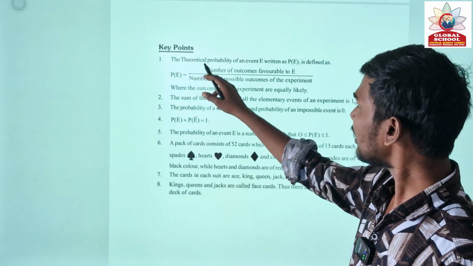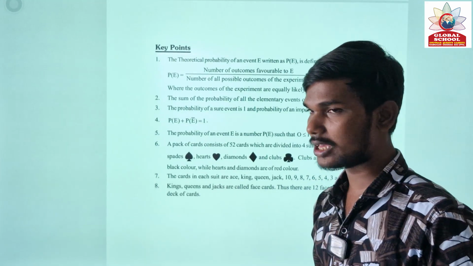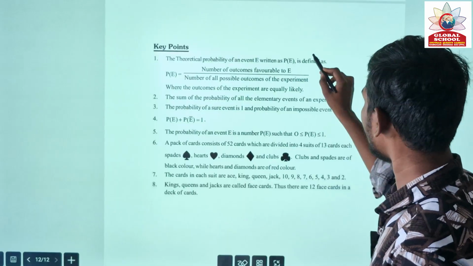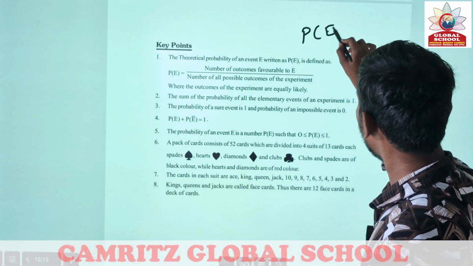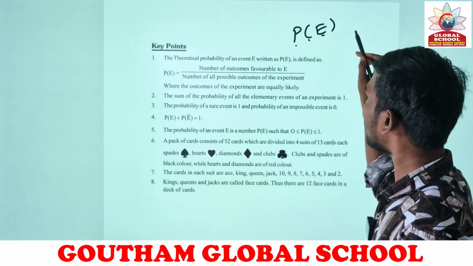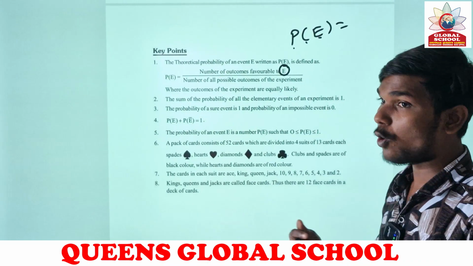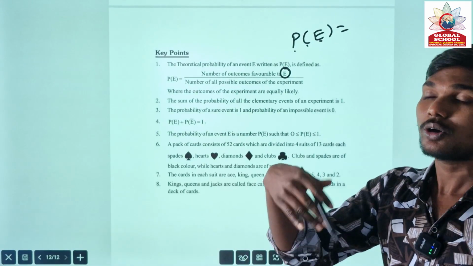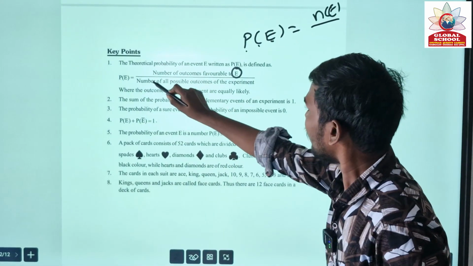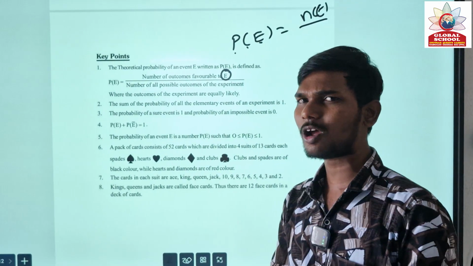The theoretical probability of an event is written as P of E. P of E means probability of event E, which is equal to the number of favorable outcomes of event E divided by the number of all possible outcomes of an experiment, the total number of possible outcomes.